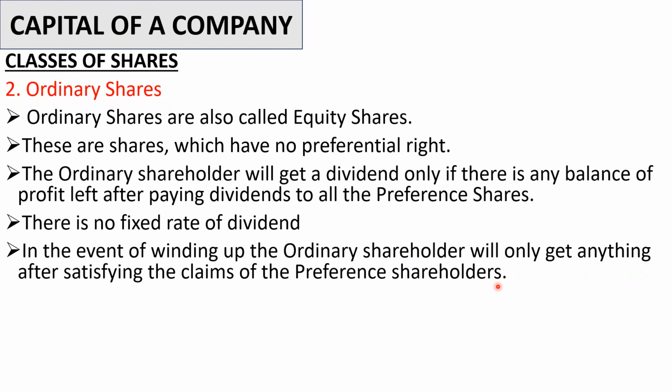So if the company fails, the money recovered from the remaining power banks and assets is going to be given to the preference shareholders. If anything remains, that's what will be given to the ordinary shareholders.